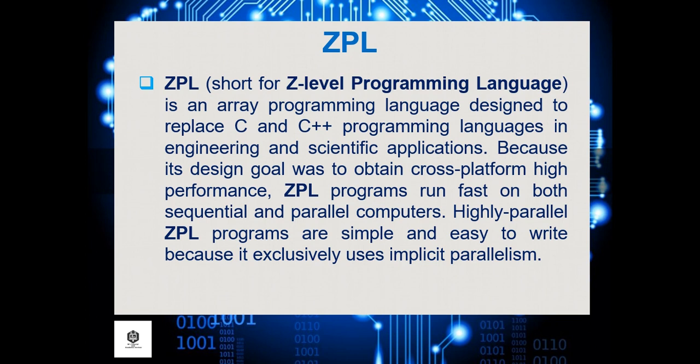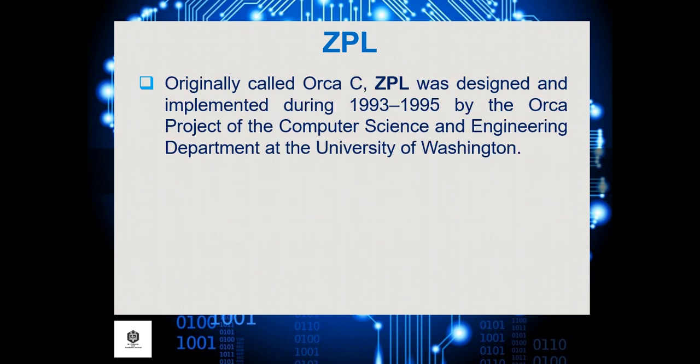Highly parallel ZPL programs are simple and easy to write because it exclusively uses implicit parallelism. Originally called Orca C, ZPL was designed and implemented during 1993 to 1995 by the Orca project of the Computer Science and Engineering Department of the University of Washington.